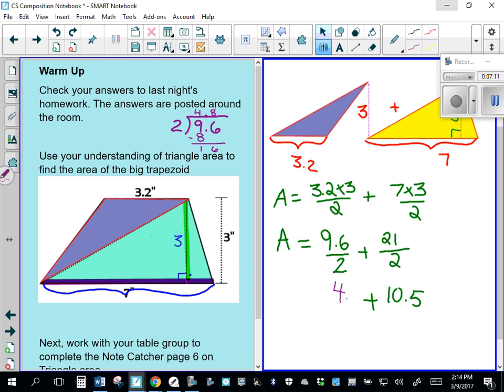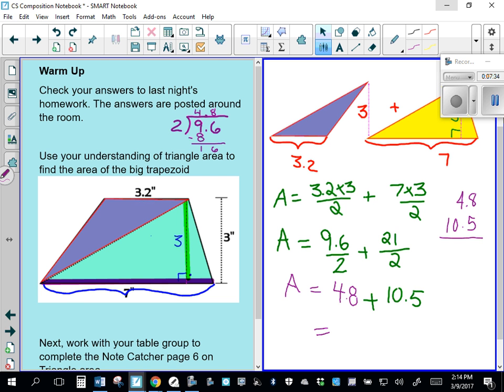So then when I add 4.8 to 10.5, okay, let's do some scratch work. What do you get?